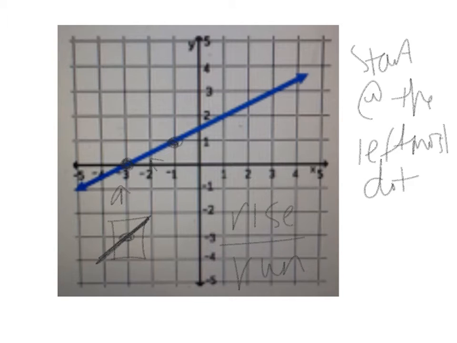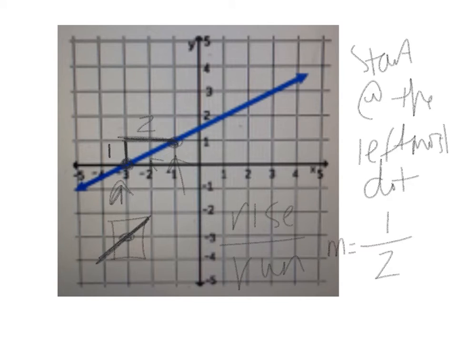Okay. Well, the only way to get from the one we're starting at to the one we're ending at is to go up. So you're going to go straight up with it. I'm going up one box, and then you're going to go straight to the right with it, and we end up going two boxes. Once again, slope is either a fraction or a whole number if it's simplified down to that. So in this case, it's going to be 1 over 2.